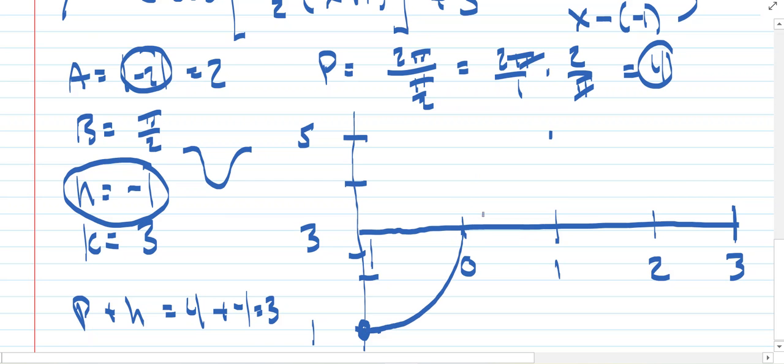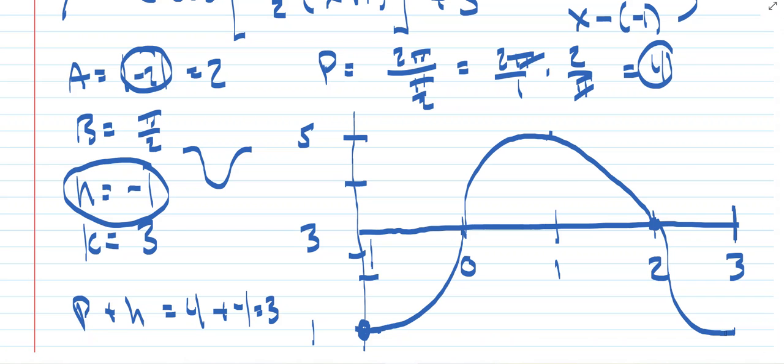At 1, we're going to come up to our high point. At 2, we're going to come back down to 0. And then at 3, we're going to be back down to our low point. Not a very symmetric looking cosine graph, but you get the basic idea.